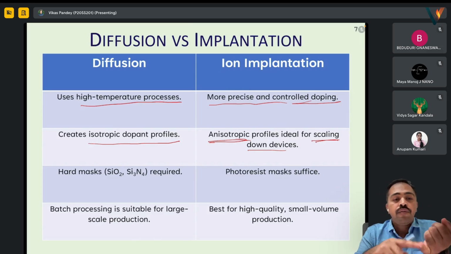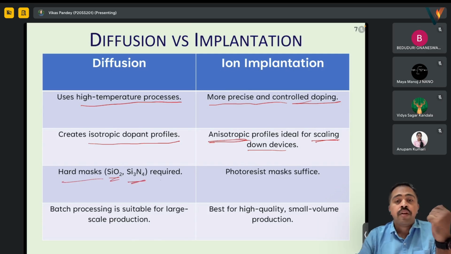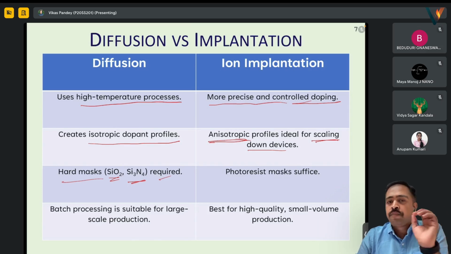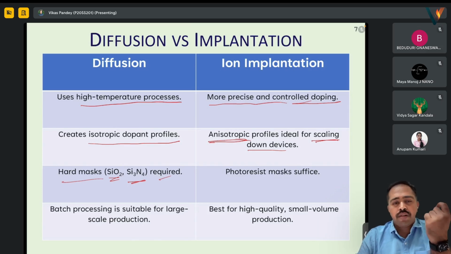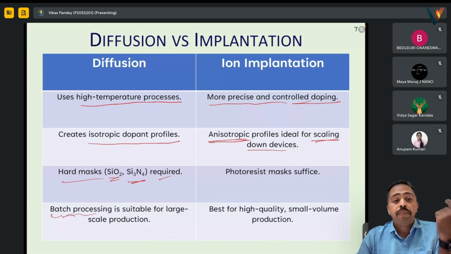In case of diffusion, we are using hard masks like SiO2 and silicon nitride. In case of ion implantation, a simple photoresist mask can also work. Although some soft mask of SiO2 is also used in some cases, mostly photoresist will work fine. But in case of diffusion, we have one advantage, that it can be used for batch processing.